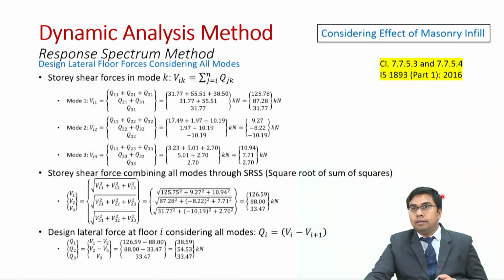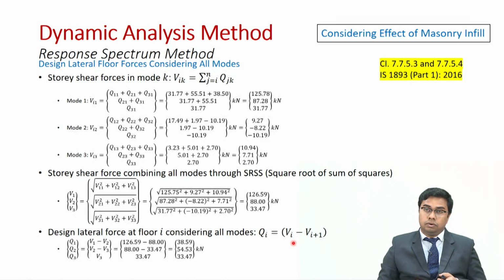So, with that we have been able to calculate the story shear force in various modes, modes 1, 2 and 3, and then we have combined all the modes through SRSS combination, that is square root of sum of squares, which we have calculated over here. And the design lateral force at floor i considering all the modes shall be obtained as the difference between the story shear force for story above and below the floor.